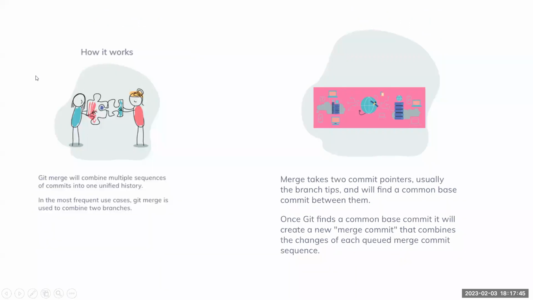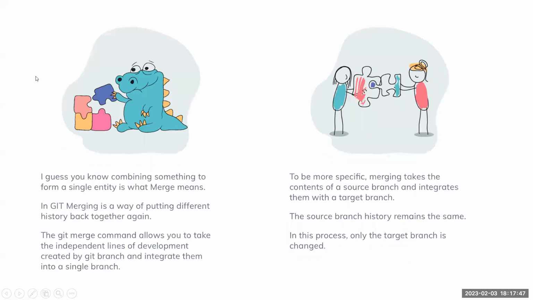Now you might know that merge means combining something to form a single entity. Till now you learned only up to the commit part, and you have created a pull request, which has a couple of stages: one is approval and one is merge. What is this merge?